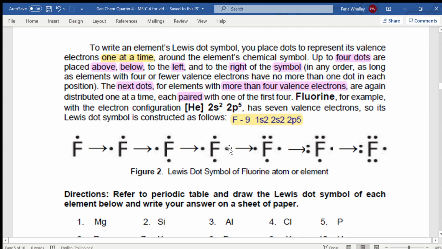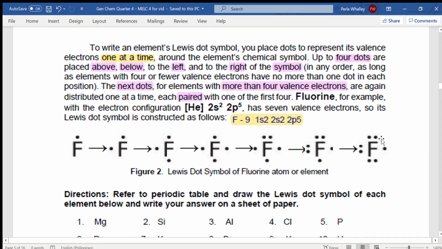The remaining 3 electrons for fluorine will pair on top, at the left, and at the bottom. So the final Lewis electron dot structure for fluorine is this one. So we have 2, 4, 6, 7.